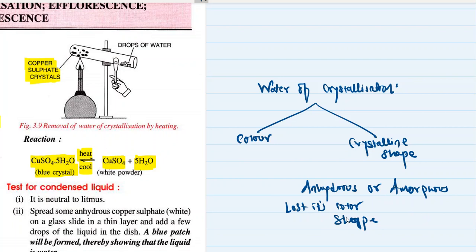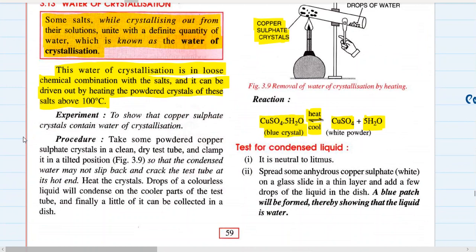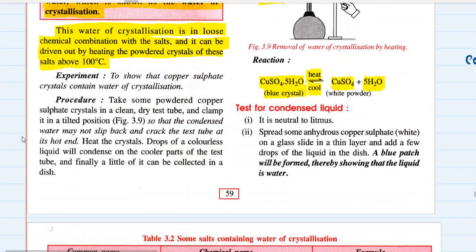The crystalline shape and the color both are lost. It becomes a white powder. Anhydrous or amorphous form is simply the white powder of that salt. So water of crystallization helps us identify which metallic ions are present in this particular salt.